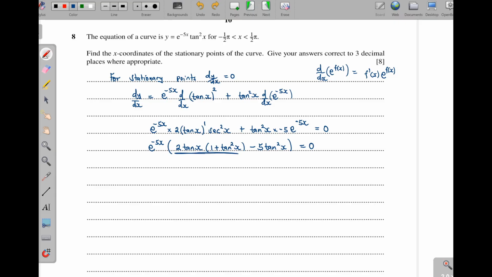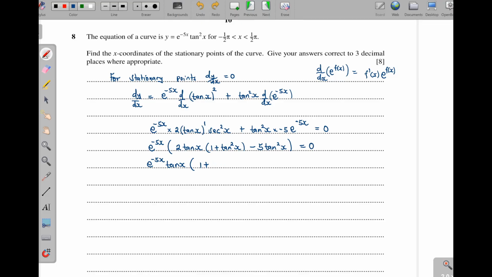Now let us multiply in here. What do we get? In fact, even tan x is common. Let us pull it outside. So we get e to the power of negative 5x, then pull out the tan x is common. And then here we shall remain with this, which is 1 plus tan squared.